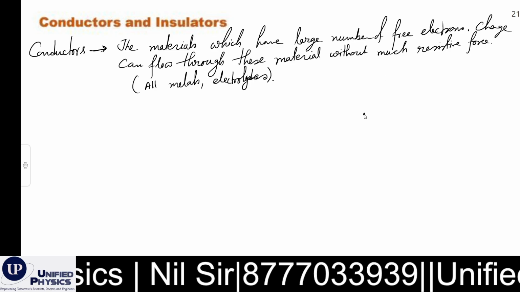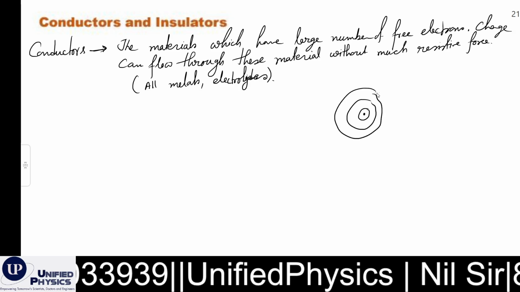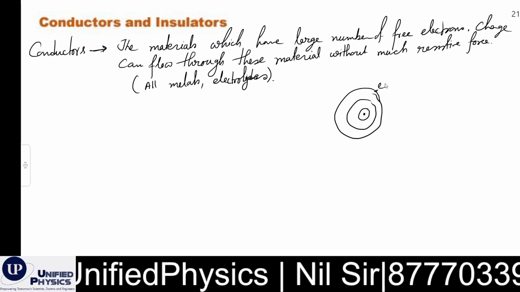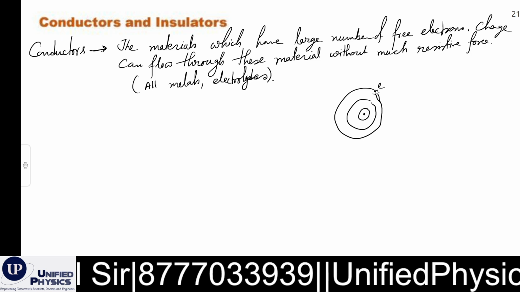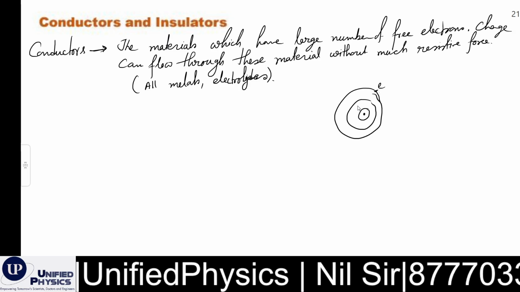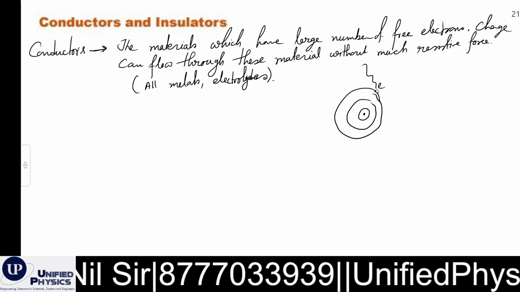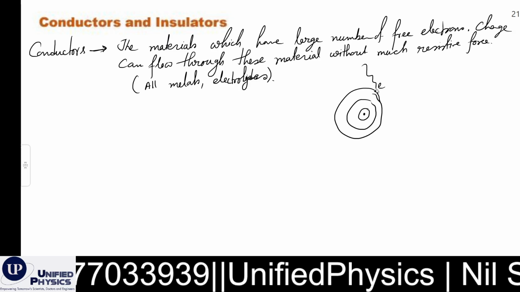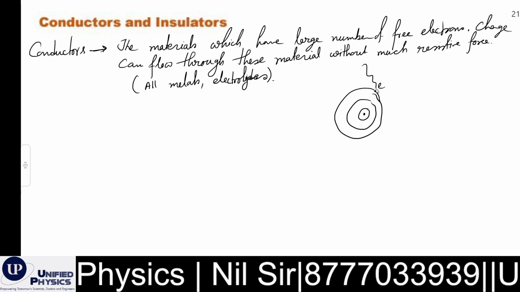Basically, if we look at metals, generally there are one or two electrons in the outer shell. So the interaction between this nucleus and this electron is very low. That means the attraction force is very weak. So these electrons acquire some energy from the surroundings, that means thermal energy, electric energy, and so on.